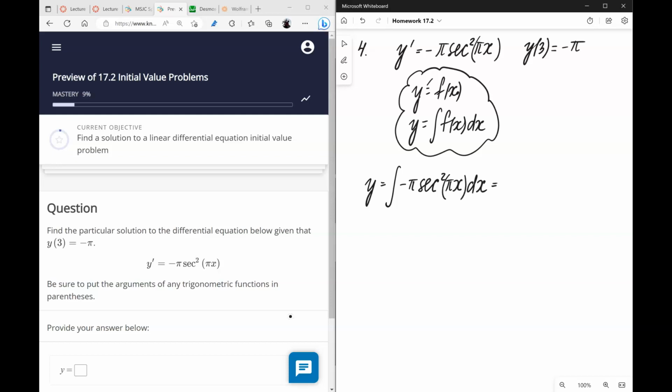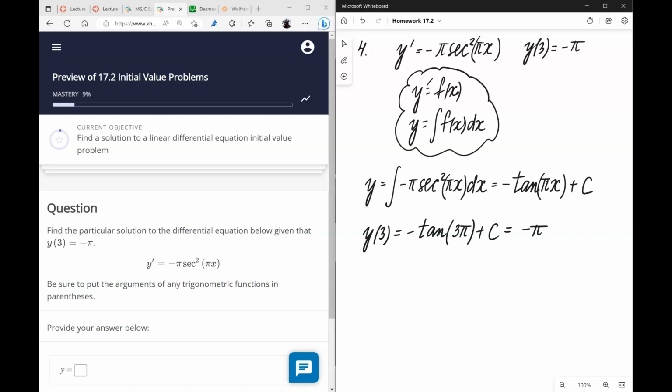We know that the derivative of what function is equal to secant squared tangent, right? So using linear substitution here, we can conclude that this is negative tangent pi x plus c. But since this is an initial value problem, we have to make sure that y of 3, that is, when I plug in 3 into this solution, the output should be negative pi.